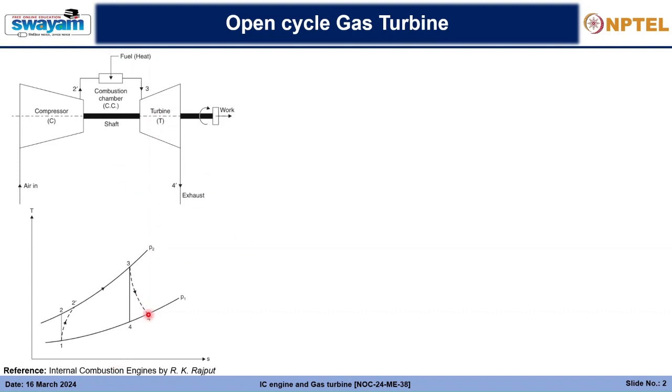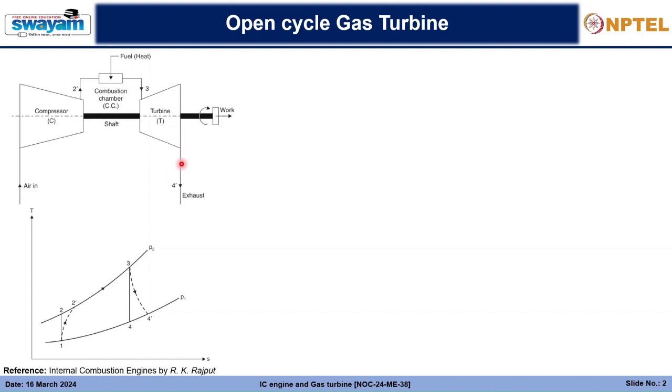this energy, whichever it is at present. So you can see that state 4 dash has a higher temperature in comparison to the inlet state. That means we are losing some amount of energy, and we are not able to utilize the entire energy compared to the inlet conditions.